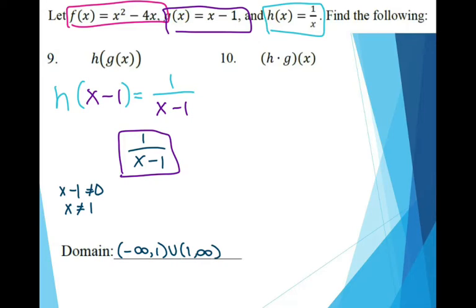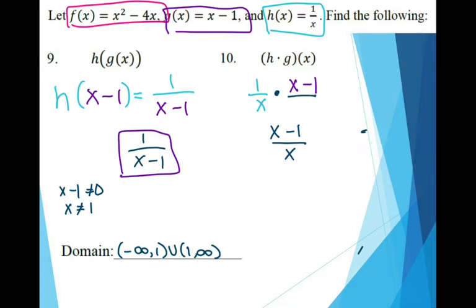And number 10, I am taking h of x, which is 1 over x, times g of x, which is x minus 1. I can go ahead and multiply straight across to simplify this, and that gives me x minus 1 over x.